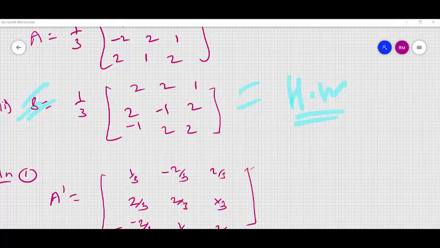And the answer for this second problem is that B B dash is not equal to I. So the answer is not orthogonal.